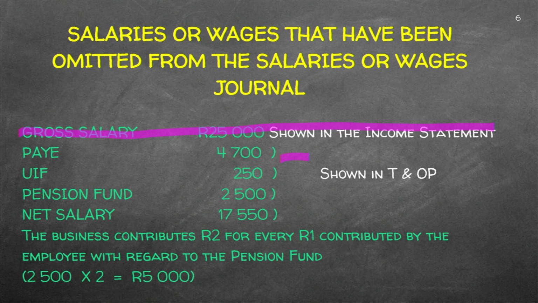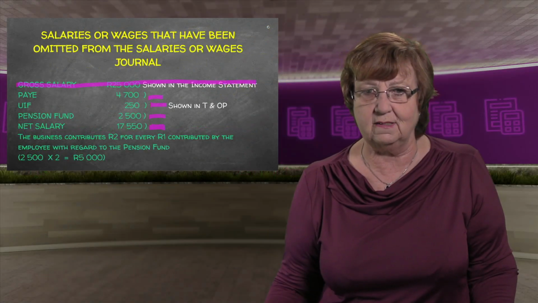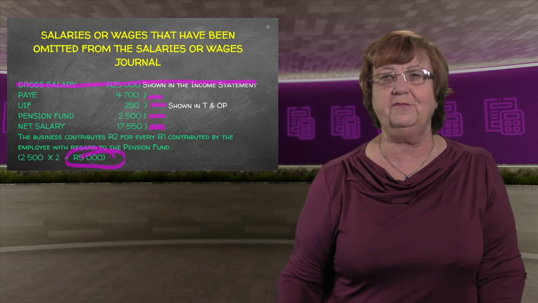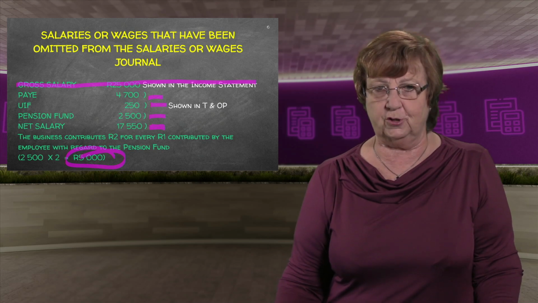UIF is 250 Rand. My pension fund, 2,500. Net salary, 17,500. And my net salary is going to become my amount creditors for salaries. And then just to come back, remember that 5,000 Rand for the pension fund.